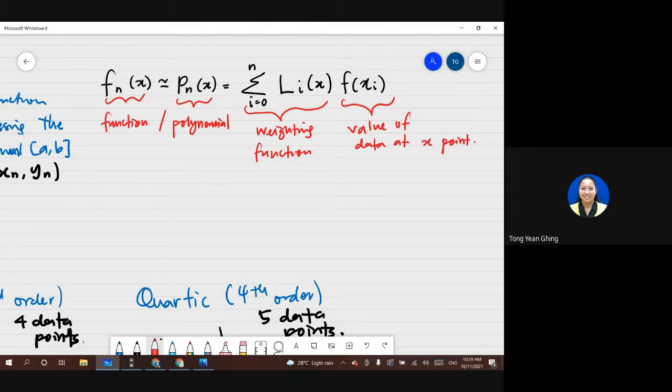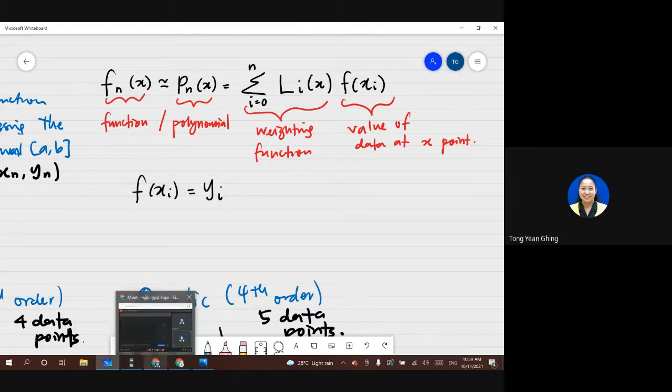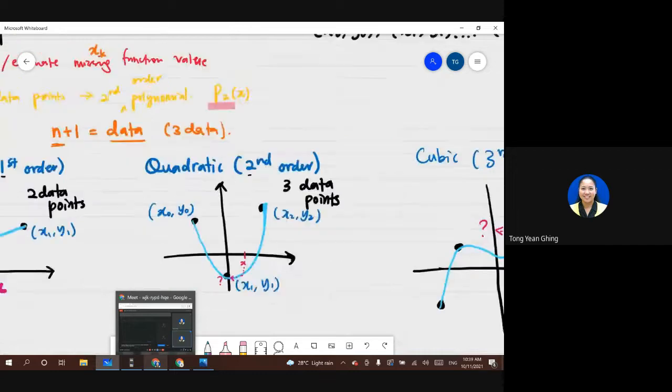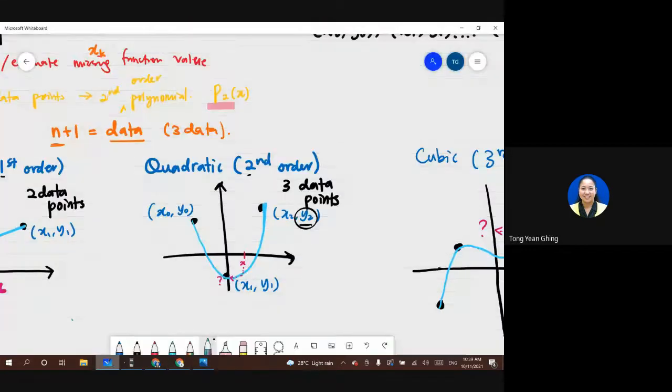Okay, so what is f(x_i)? f(x_i) is the value of y. If let's say this one is y2, this actually is f(x2).